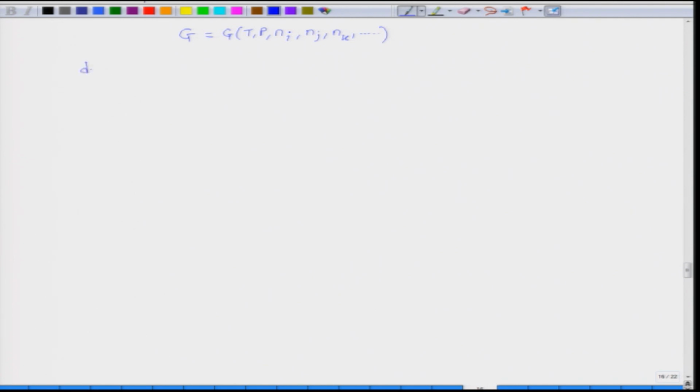right. So, the differential of G is expressed as partial of G with respect to T at constant pressure and composition dT plus partial of G with respect to P at constant temperature and composition dP plus partial of G with respect to number of moles of I at constant temperature, pressure and all other number of moles, plus partial of G with respect to number of moles of J at constant temperature, pressure and all other number of moles not equal to J, and so on.